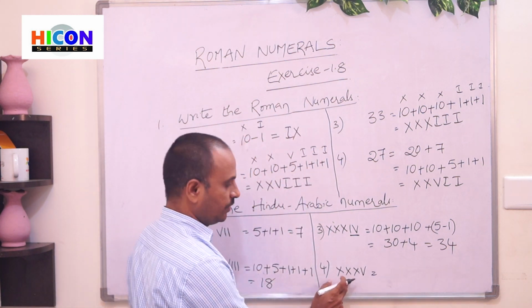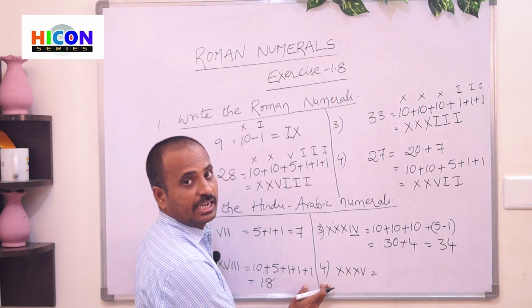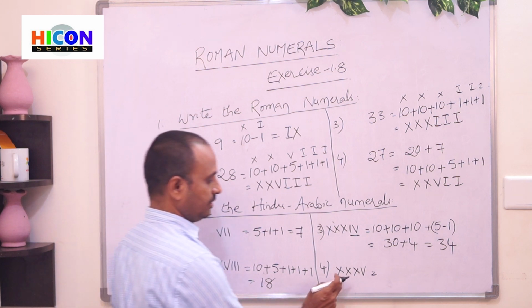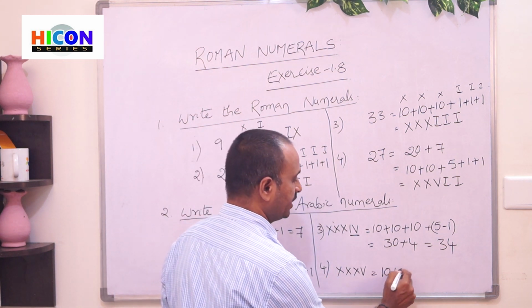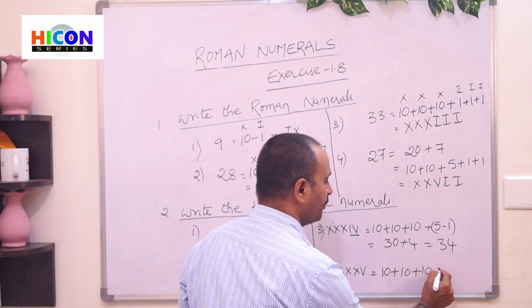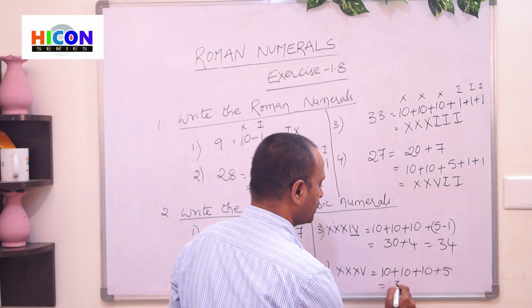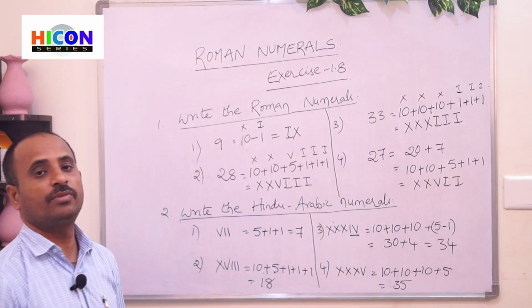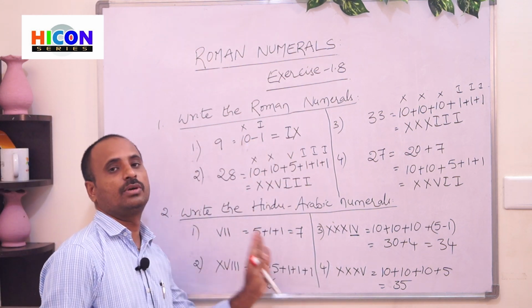Children, look at the fourth one. X is repeated 3 times. Repetition means addition, so X means 10. Repeat 10 3 times and make addition: 10 plus 10 plus 10. V means 5. Total becomes 35. So children, this is the way how to convert Roman numerals into Hindu-Arabic system.